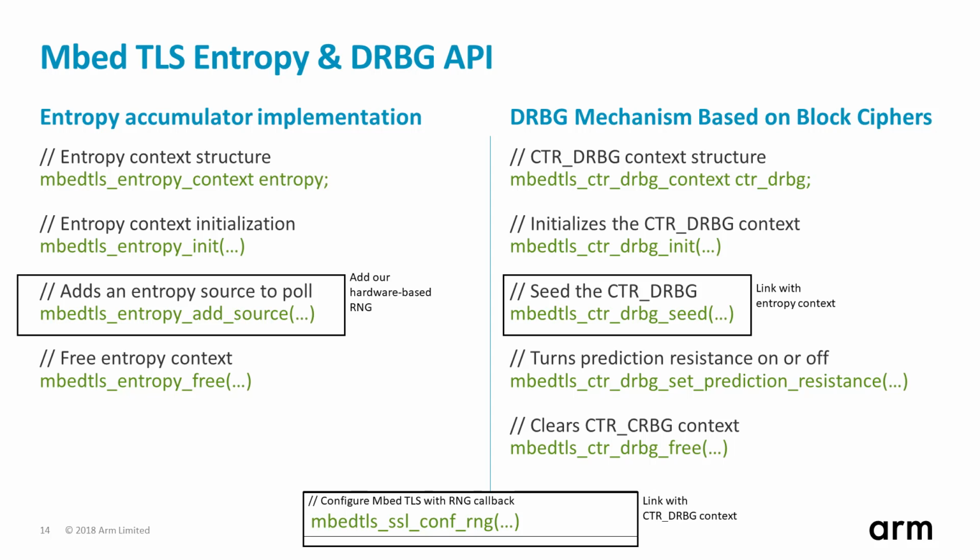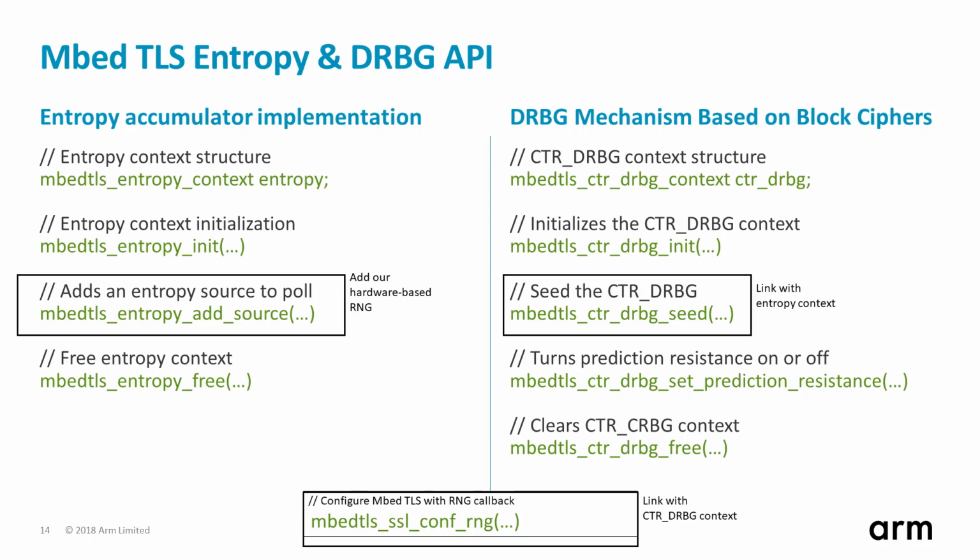The initialization function is self-explanatory. The most important function here is the entropy add source, which is where we hook in our hardware-based random number generator. We will take a look at the parameters in a few minutes, and we'll see how the callback works to actually use our hardware. Finally, there's a free function as well. We won't use that for now.